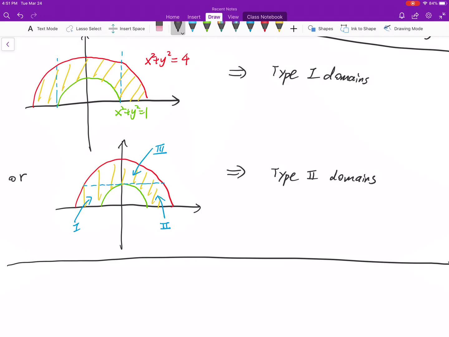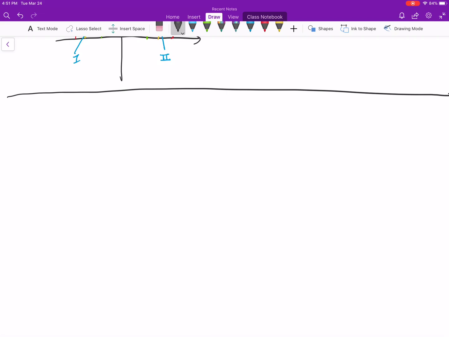But if you are not so satisfied with this, because you think the half annulus is a very nicely shaped domain, and you expect a better way to understand the area, then we come to the following idea.